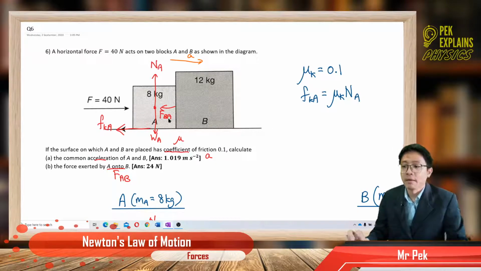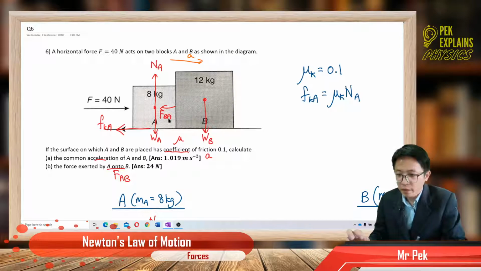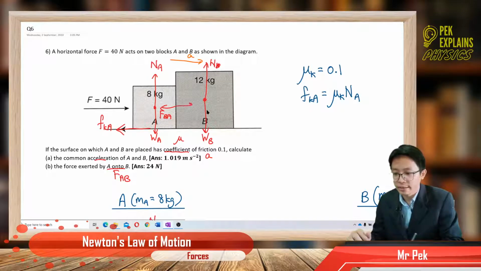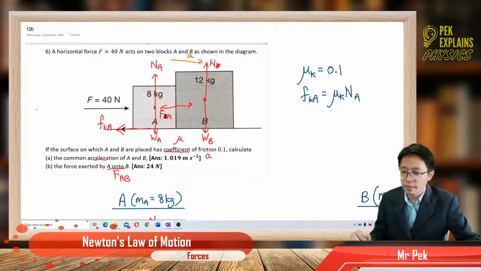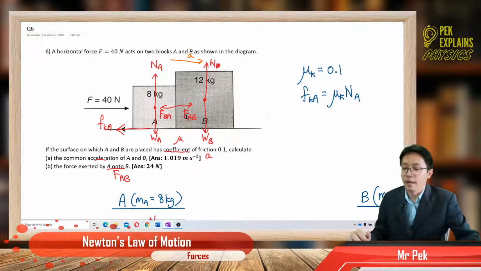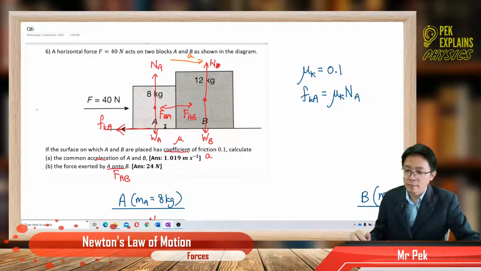All right, and then on B itself, it has its own weight, the normal force, and this contact force exists in pairs. B pushes A, A also pushes B. So since we have FBA, there must also be FAB.